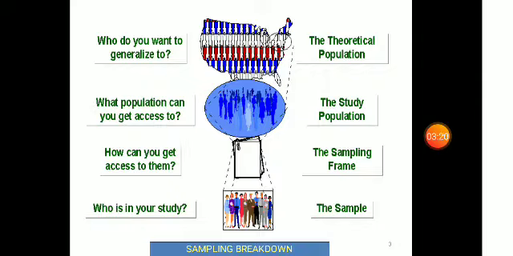So this is the flow of any sampling technique. We will have one target population. From that we will select our accessible population, or study population. From that study population we will prepare the list of all subjects, those which satisfy our criteria, and from those subjects we will select the sample.